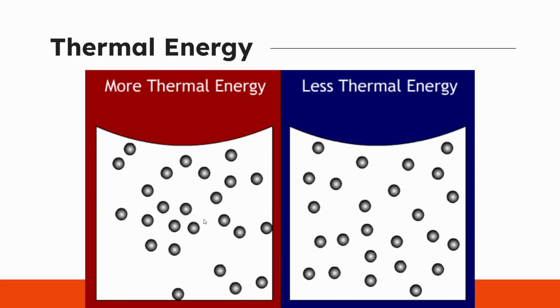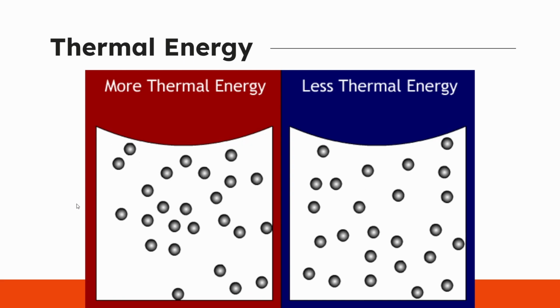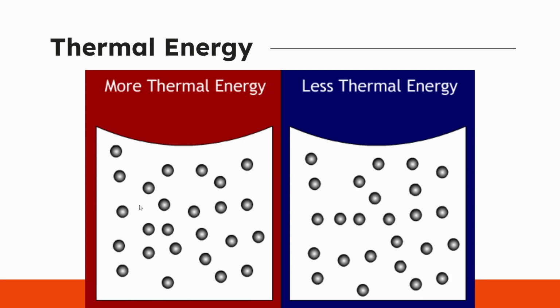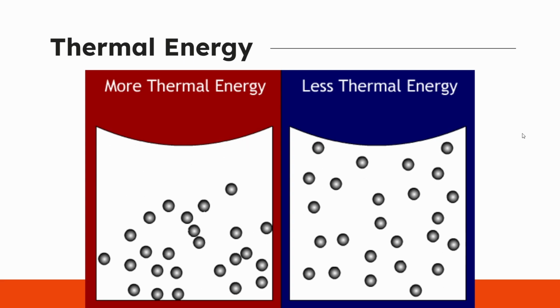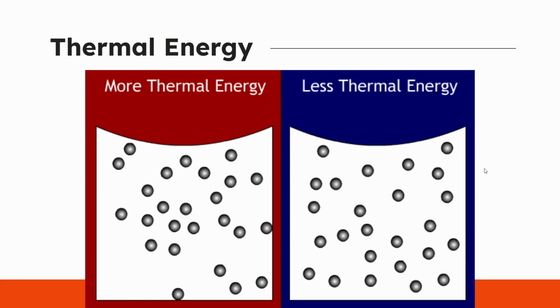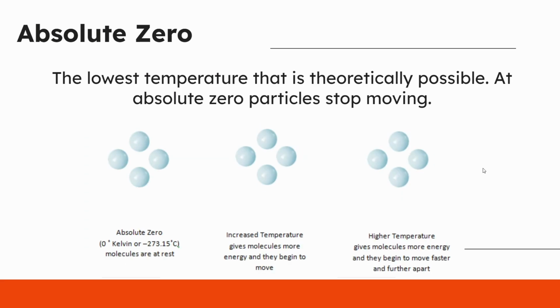The faster particles are moving or vibrating, the higher your heat. I'm sorry, the higher your temperature. And the slower the particles are moving, the lower your temperature. Now, there actually is a limit to how little particles can move. When particles stop moving, that's considered absolute zero, because obviously you can't move less than not moving at all, right?